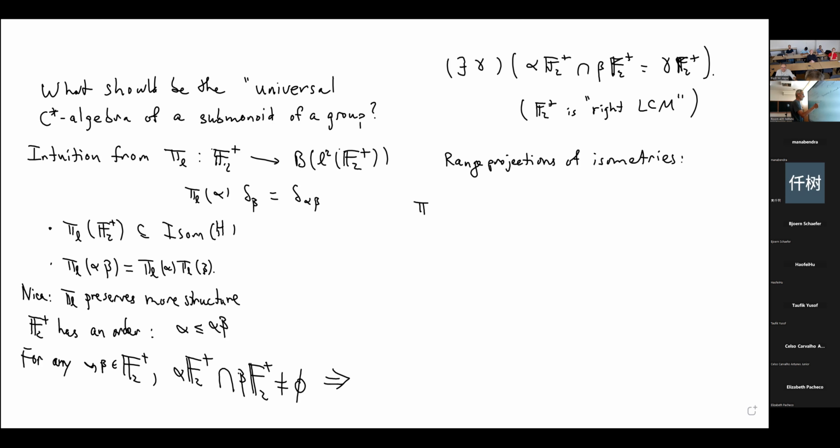So if we look at the range projection of pi L of alpha, that would be pi L of alpha times pi L of alpha adjoint, the range projection of the isometry. And we multiply it by the range projection of pi L of beta.